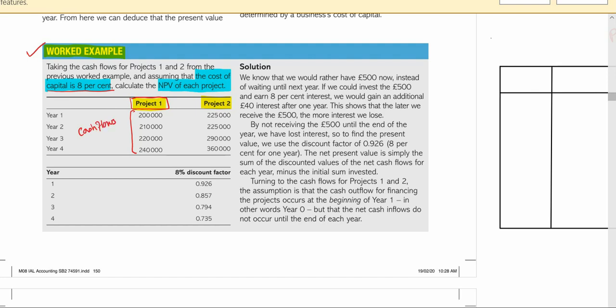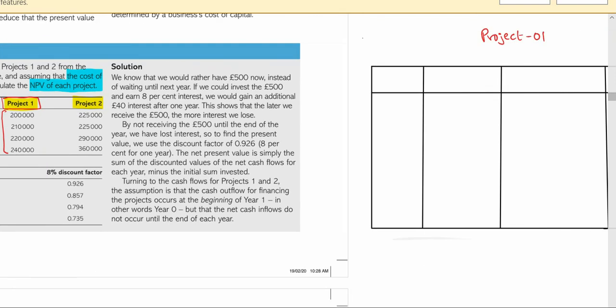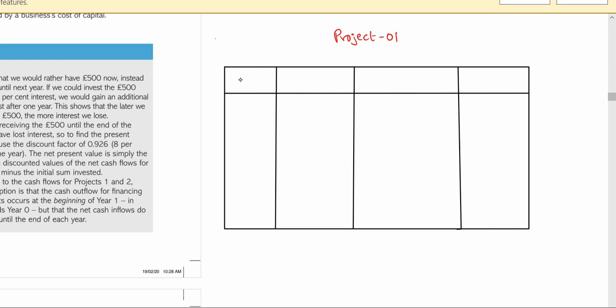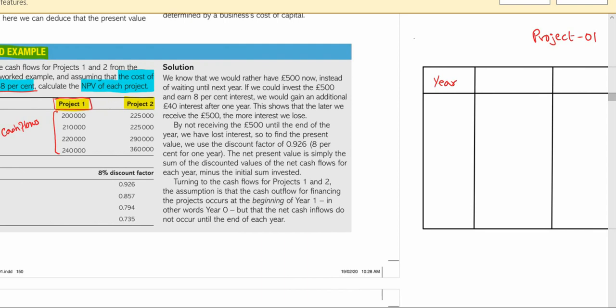Okay, and then now we are going to calculate the present value. First of all, this is the year. Then we have the project 1 cash flows.